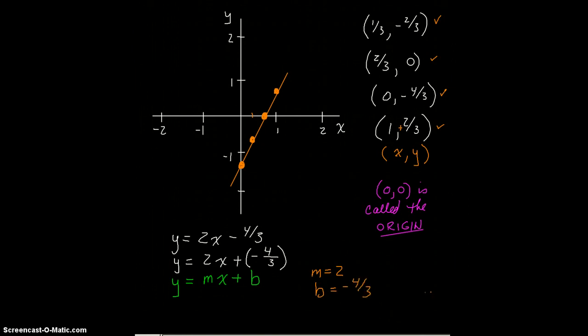And it's really no coincidence that this is also minus 4/3. This was the location on the y-axis, remember, of minus 4/3. So it turns out that b will always tell us what our y-intercept is when the equation is in this form. Cool, huh?